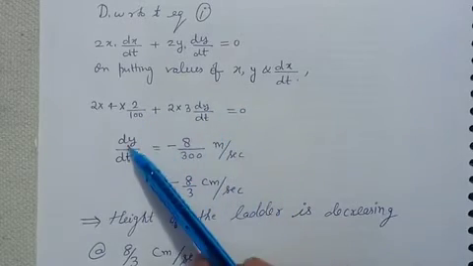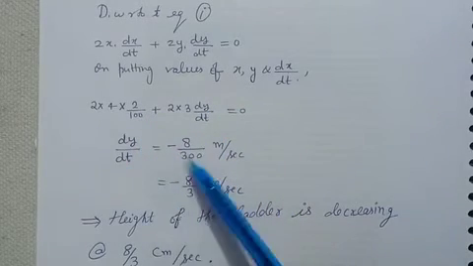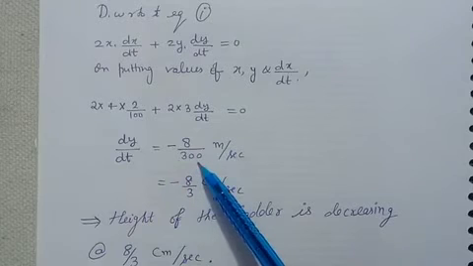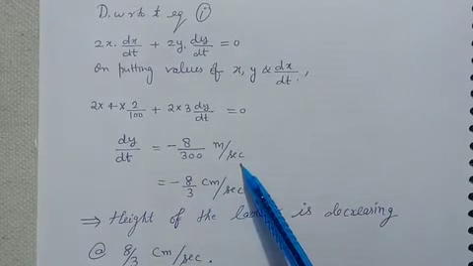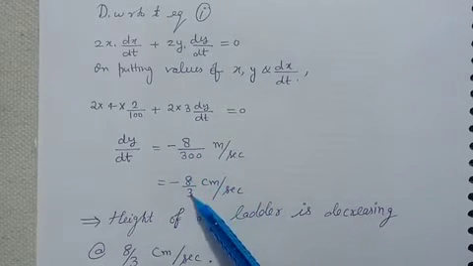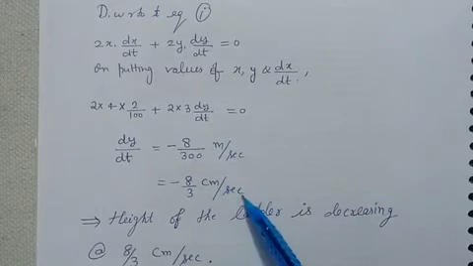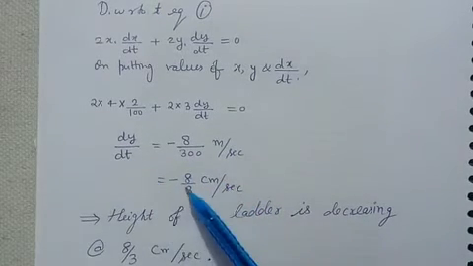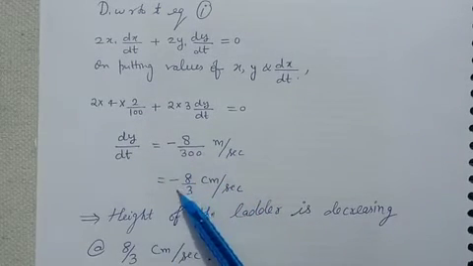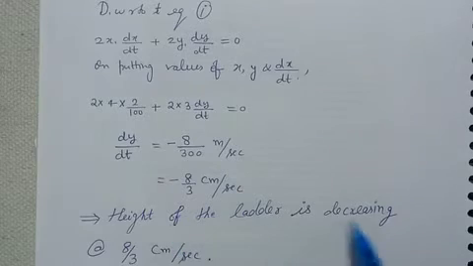Using these values we get dy upon dt equal minus 8 by 300 meters per second or minus 8 upon 3 centimeter per second. dy upon dt is negative. It shows the height is reducing at the rate of 8 by 3 centimeter per second.